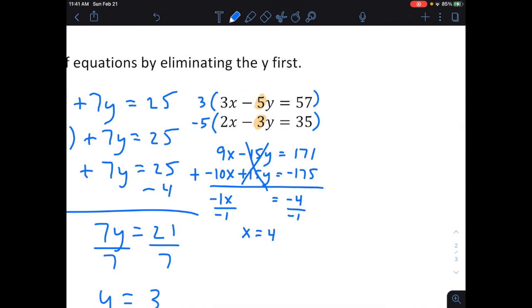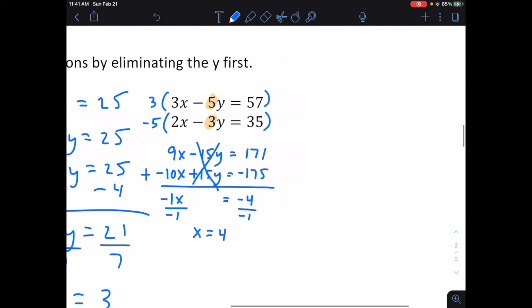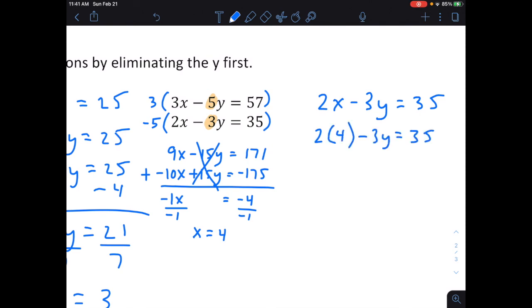Now as to whether to choose the top one or the bottom one, I like the bottom one better because it's got smaller numbers. 2x minus 3y equals 35. I have x equal to 4, so I'm going to plug it in for the x. So I have 8 minus 3y equals 35.